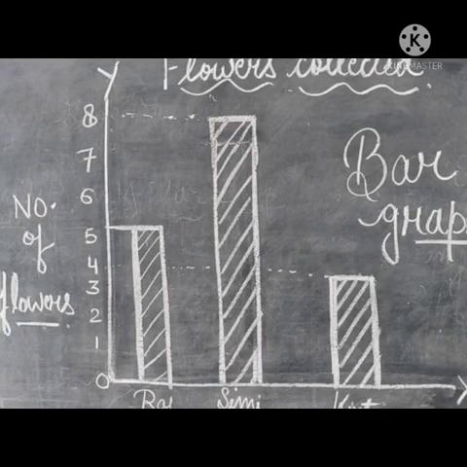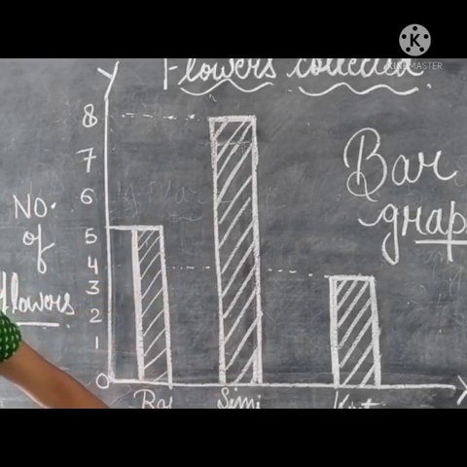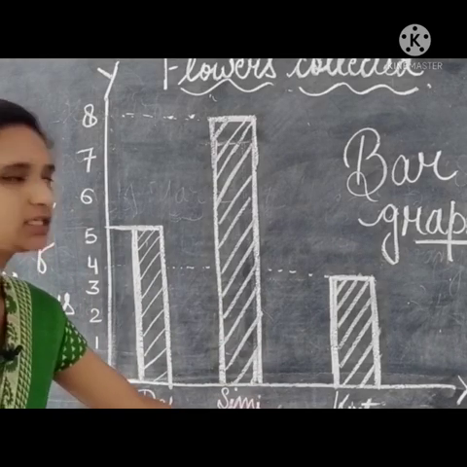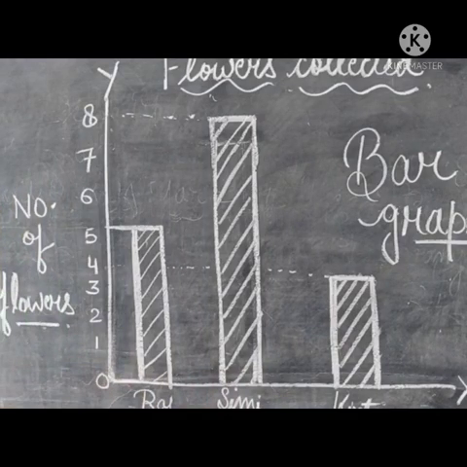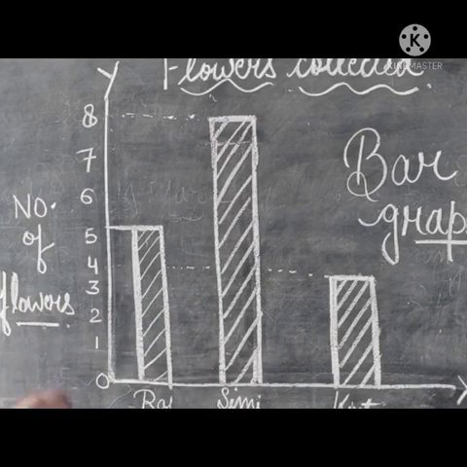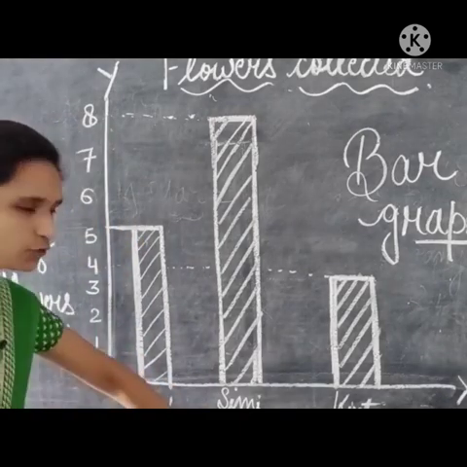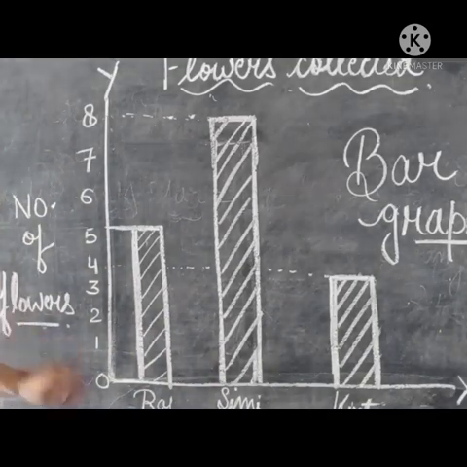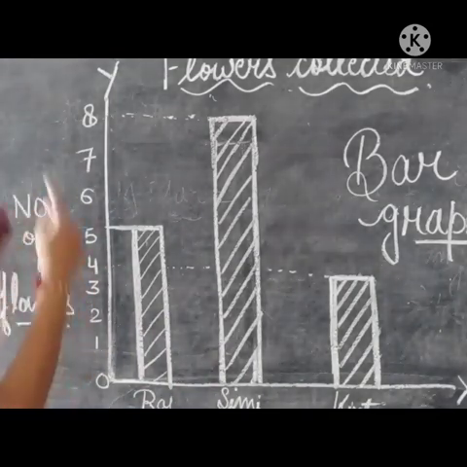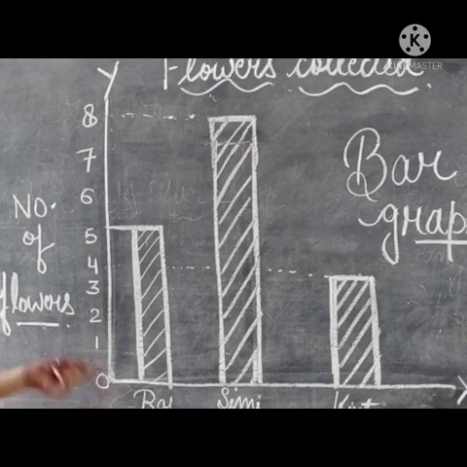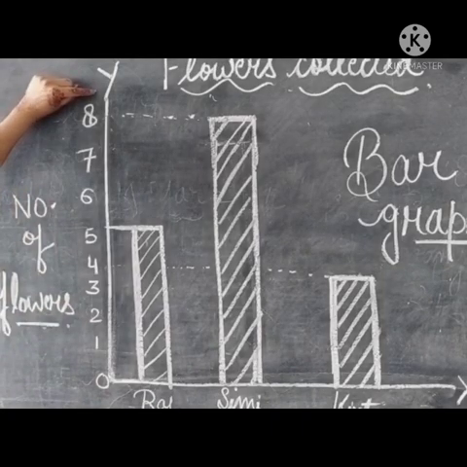Okay, so this is how a bar graph is made and this is how you show any information in the bar graph. Here you have to write: our data was the number of children that collected the flowers and how many flowers were collected. So the children we have to write on the x-axis, and the number of flowers we have to write on the y-axis, because on y-axis we show scale and in scale we show from 0 to the maximum number that we have been given.